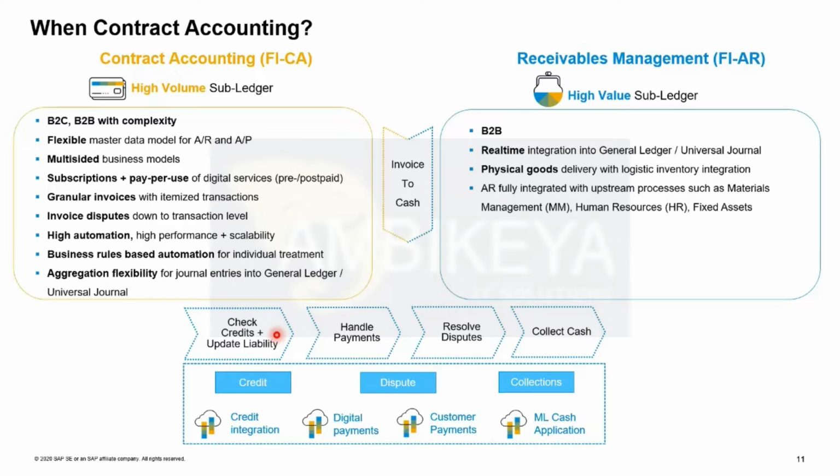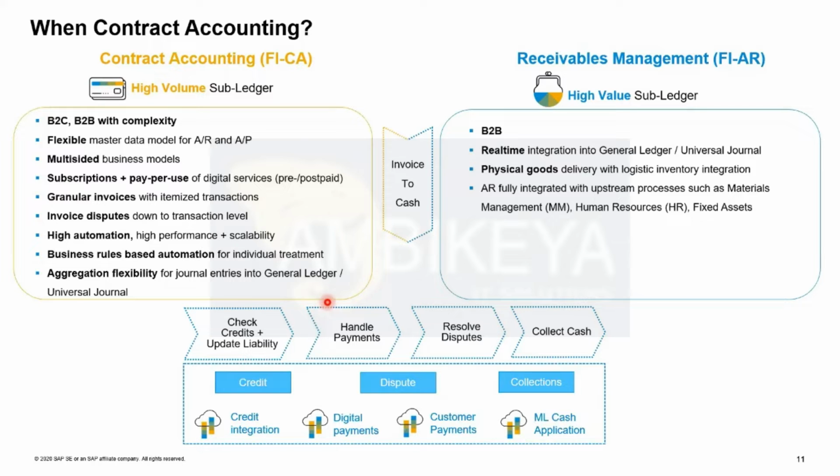Both are dealing a bit differently, but both are dealing with disputes based on the different paradigms of both subledgers, and both have the capabilities to collect cash. Michael will later on explain what we recently delivered for machine learning. We have the cash application that not only works with FIER, we have an own cash application now that works with FICA.